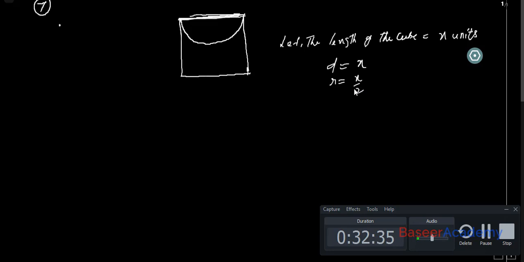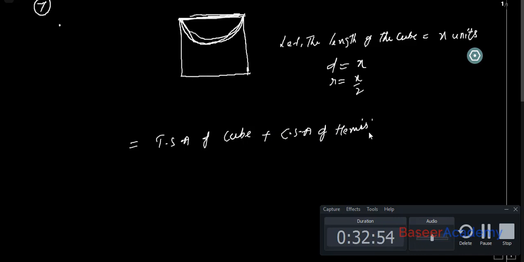If we want to find out the surface area of the remaining solid, we actually need to do this. We first have to find out total surface area of cube, and then we have to add CSA of hemisphere, curved surface area of hemisphere. From this, we have to subtract this side. Let me draw the figure once again.